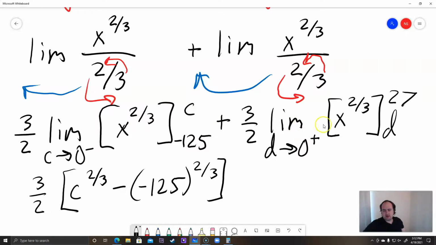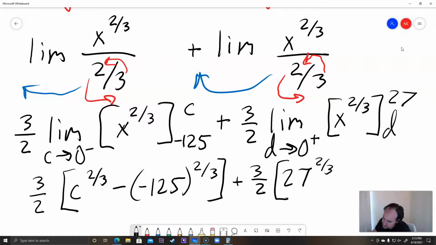And then the same thing over here, plugging in the top number first. So we're plugging in the 27 first, so we have plus 3/2 times 27 to the 2/3 minus d to the 2/3. So that's plugging in the bottom number, since remember, even though we have limits here, this is still a definite integral.